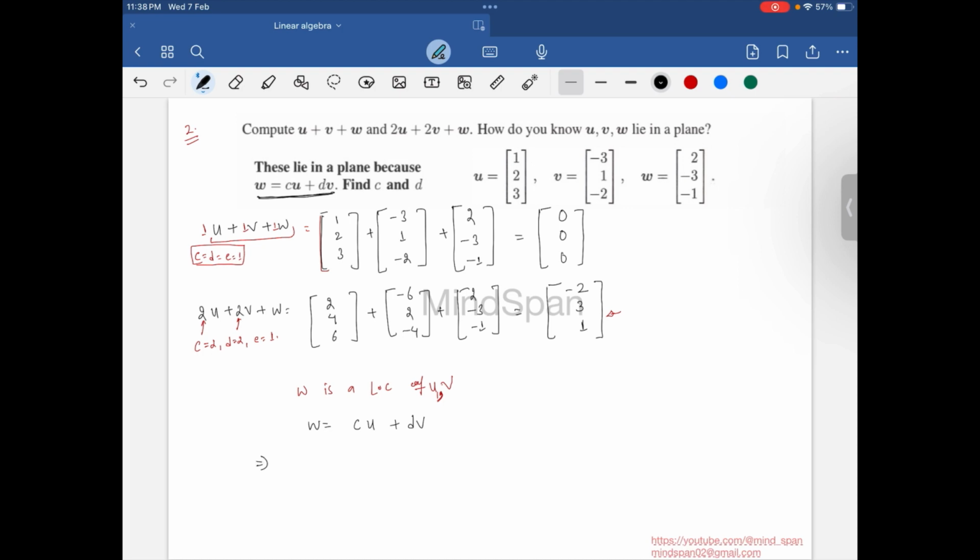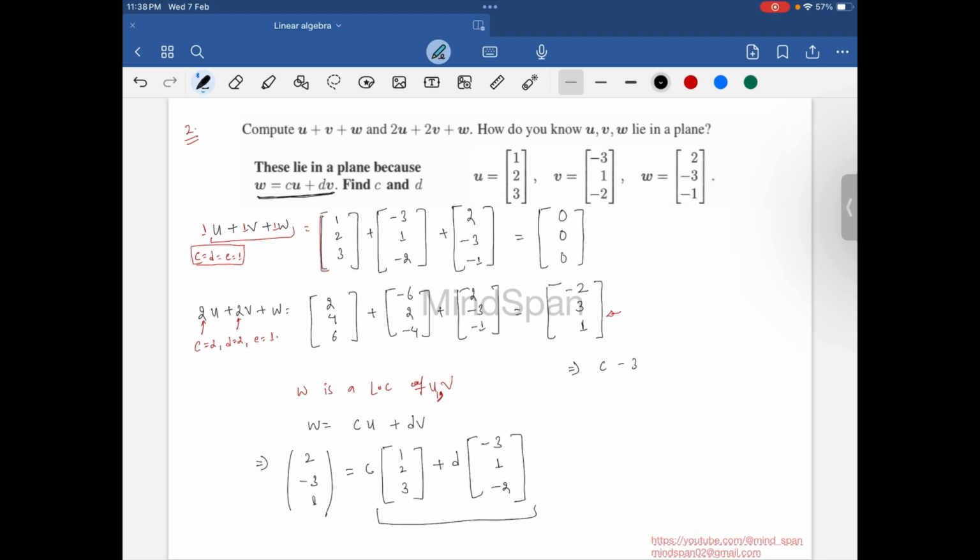So we can write this w, that is 2 minus 3 1, and c times u, which is 1 2 3, and v is minus 3 1 minus 2, right? And we can do the scalar multiplication, right? So that will be c minus 3d. We will do the multiplication and we will add here.